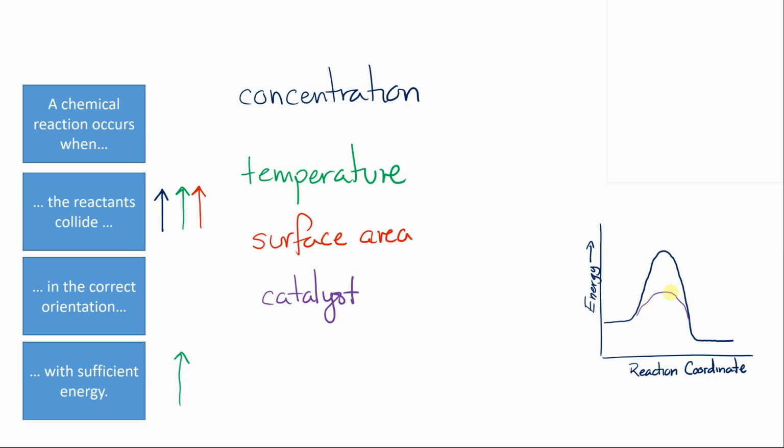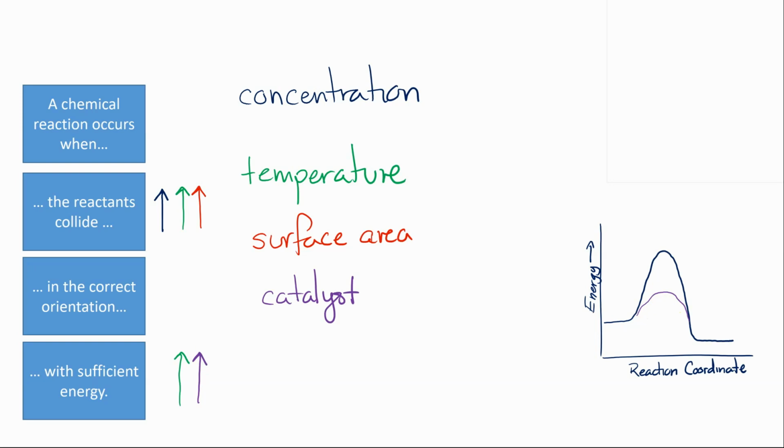And by dropping this activation energy required to get a reaction to go, it will often greatly increase the proportion of molecules, or proportion of collisions, that will have sufficient energy to undergo a reaction.